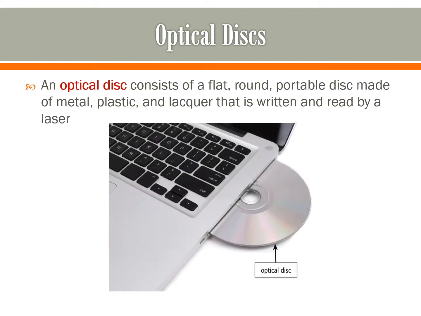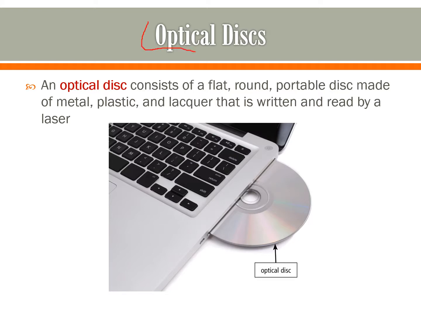The next storage device are optical disks. The term optical disk, you will see later. An example of optical disk is CD. Why optical? Here you can see the word optical.